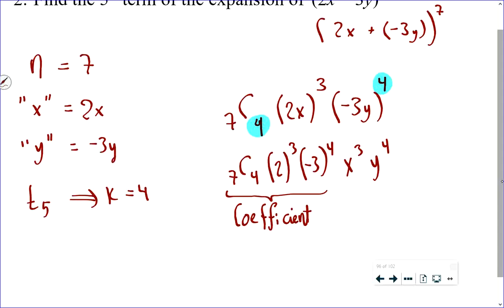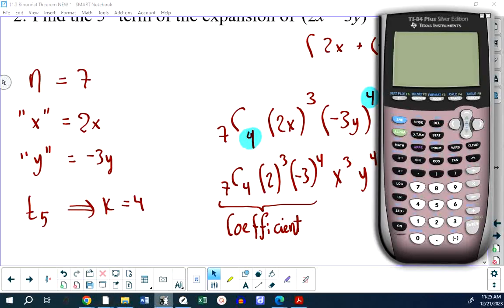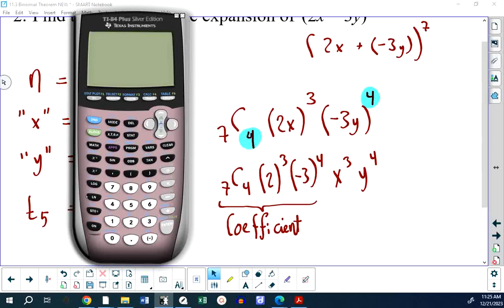It's 7 choose 4 plus some other stuff that comes out with the x's and y's being raised to exponents. So that's what you need to do for me now. You need to figure out what 7 choose 4 multiplied by 2 cubed multiplied by negative 3 quantity to the 4 is. And it's bound to be a fairly significant number.